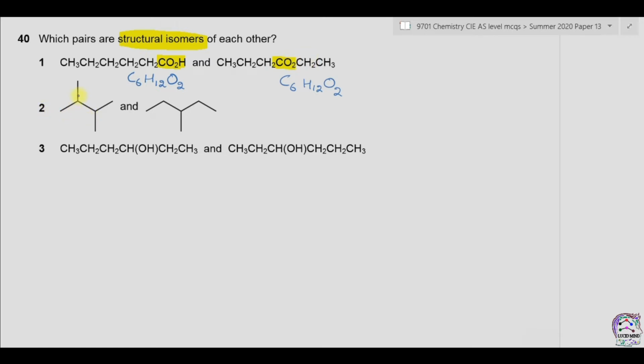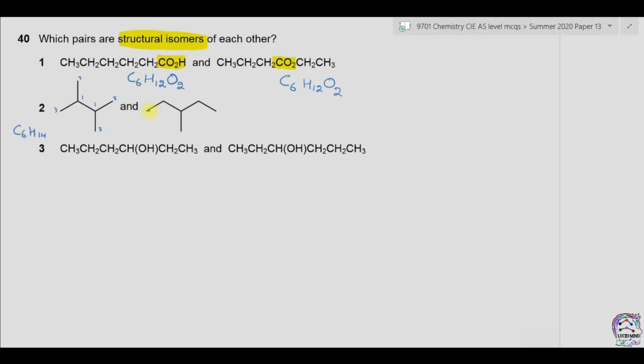For the second option, we can find the molecular formula. There are 6 carbon atoms, so C6. For hydrogen, there are 3 hydrogens in the corners and 1 hydrogen with these carbons, so 14 hydrogens are there.